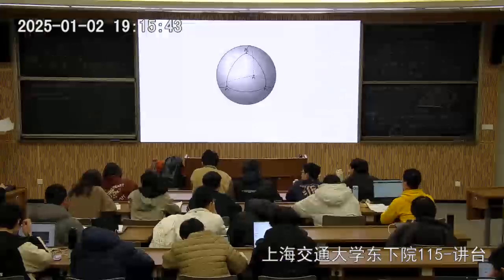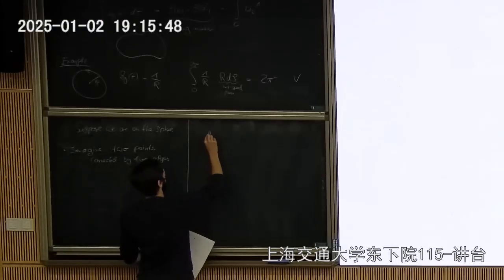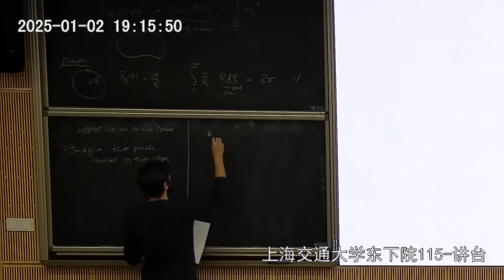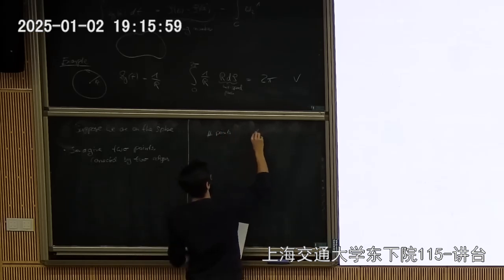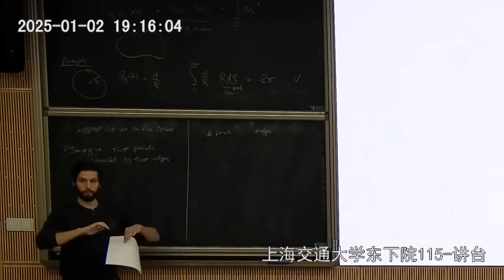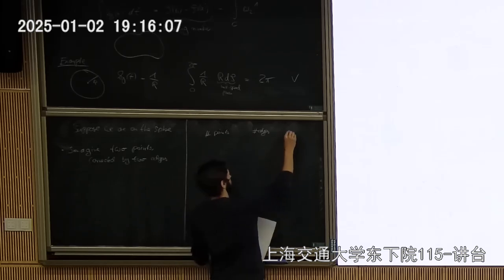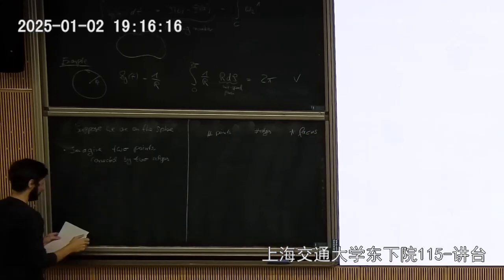Now we count the number of vertices, or points, and we count the number of edges that we have, and we count the number of faces, the two-dimensional areas that we get if we cut our surface.